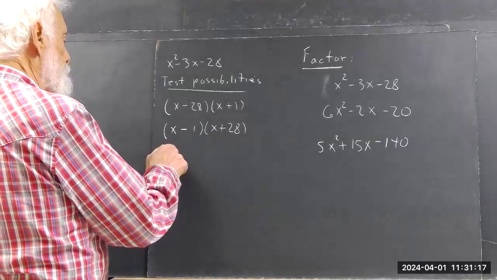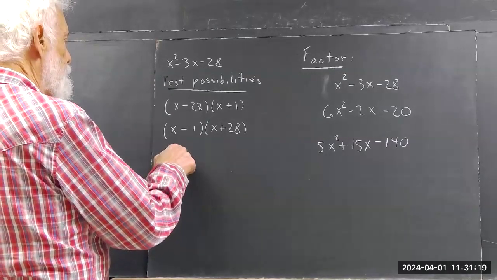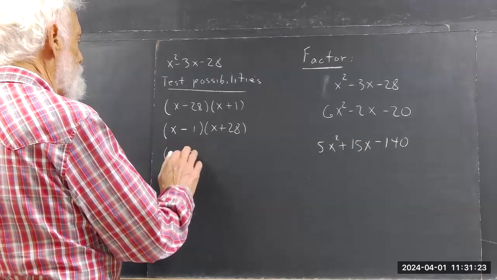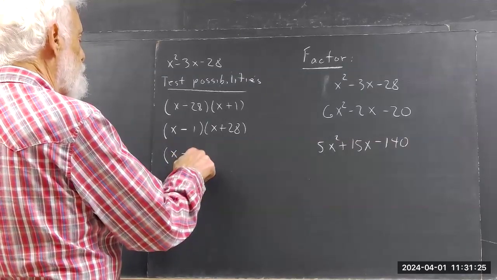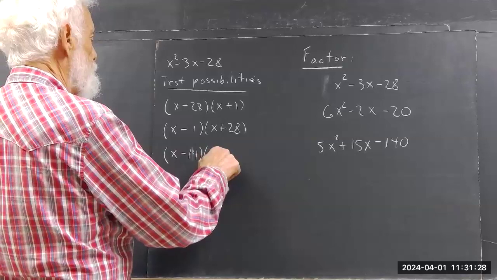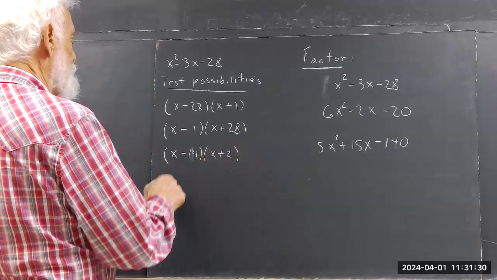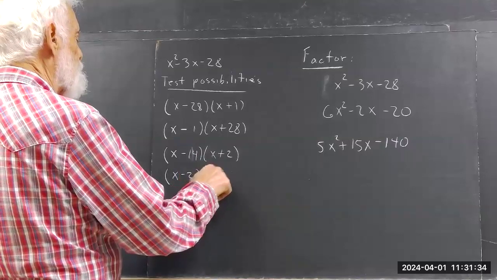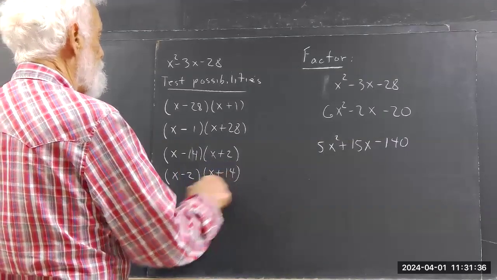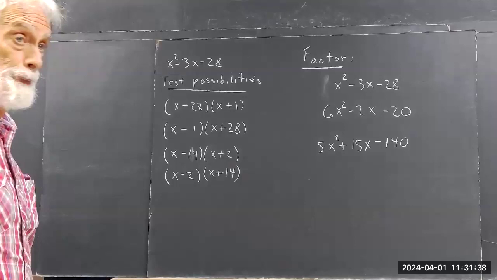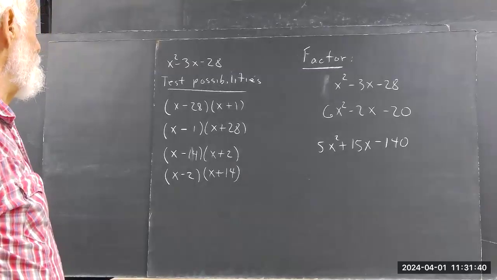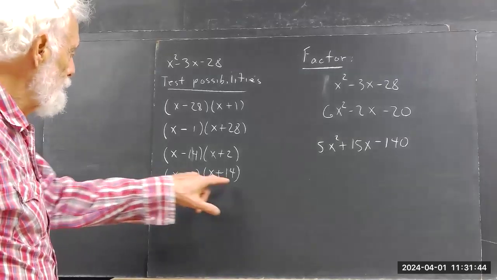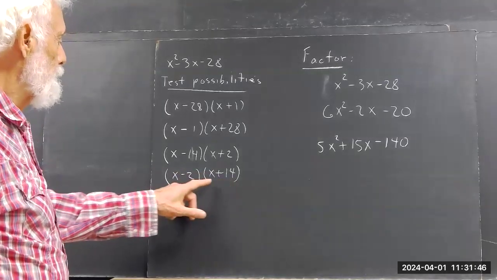Okay. Then we have maybe x minus 2. Well, let's do x minus 14 times x plus 2. And then just to be complete, we would have x minus 2 times x plus 14. That's not going to work because you're going to have a 14x, which is way bigger than negative 2x.